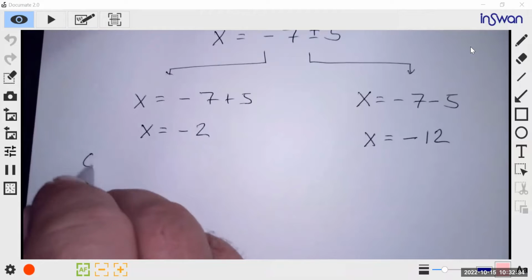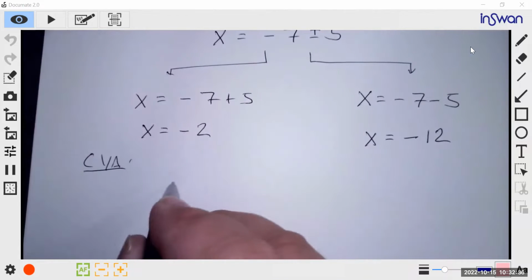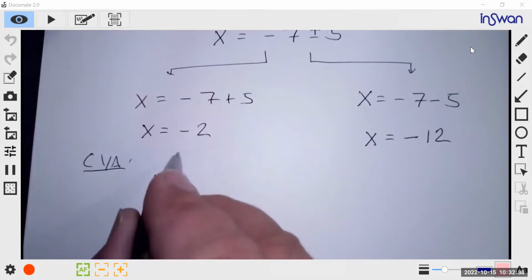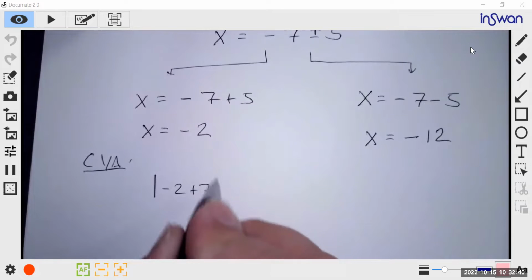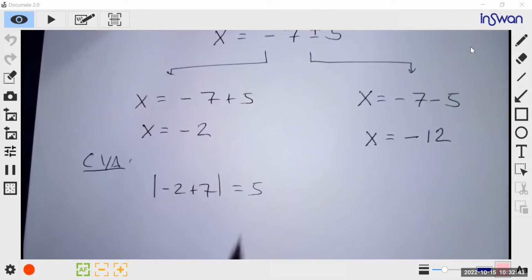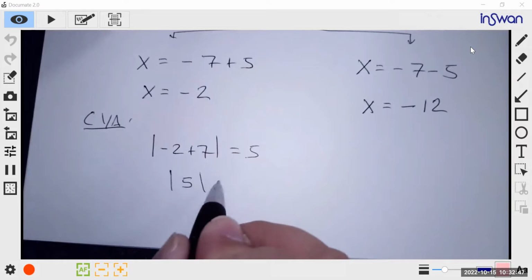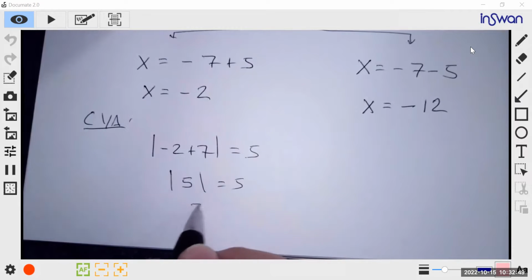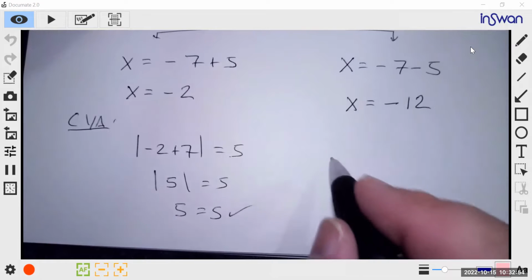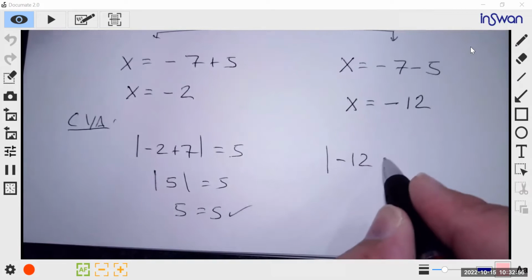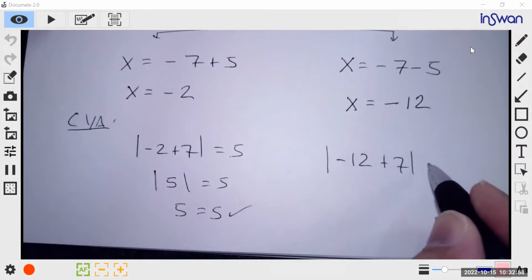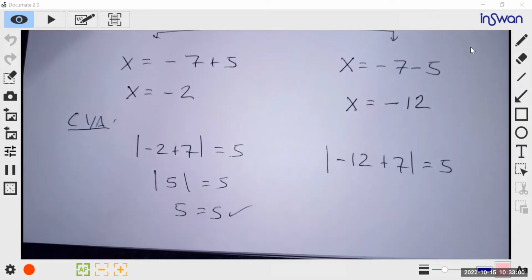So now check your answers. So we have the absolute value of -2 plus 7. -2 plus 7 is 5. Absolute value of 5 is 5. That works. -12 plus 7. -12 plus 7 is -5.